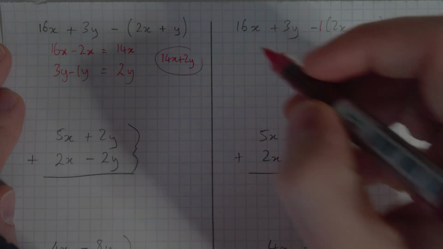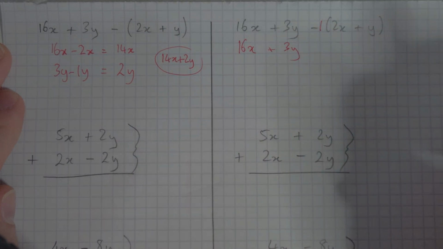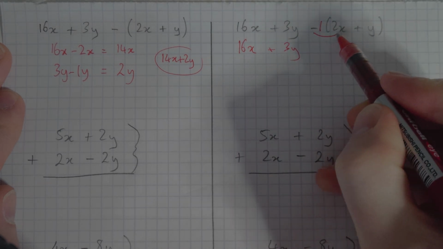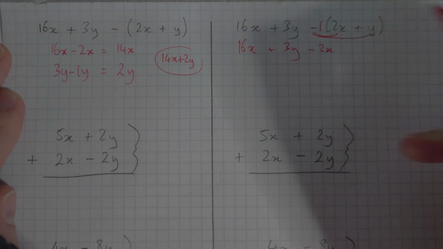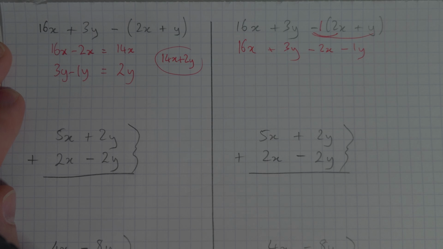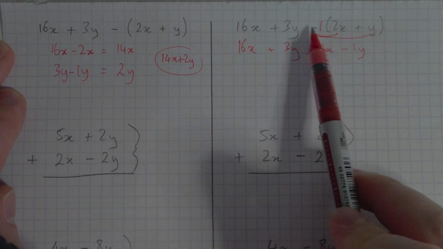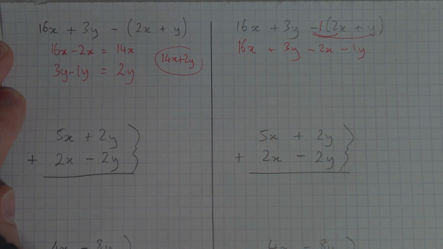All right, so let's start by leaving those alone, and let's just multiply out the brackets. Minus 1 times 2x is minus 2x, and minus 1 times y is minus 1y. So I haven't worked out the question yet, I've just expanded the brackets, and you'll see now how this minus has, the posh word is distributed, it's affected both of these.